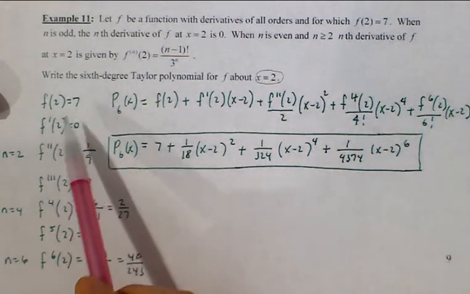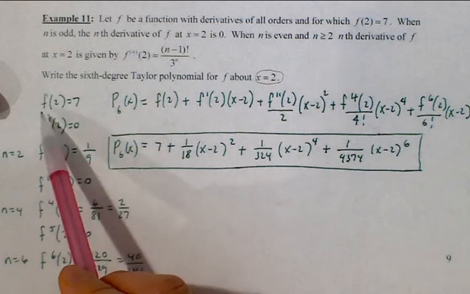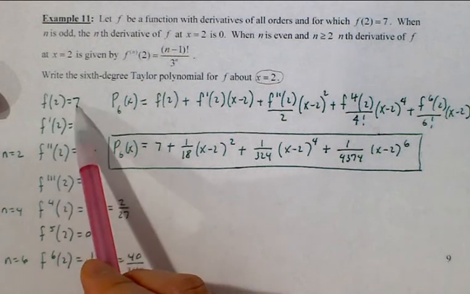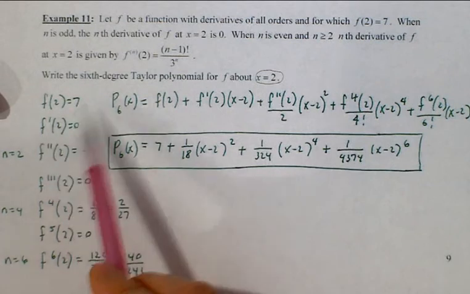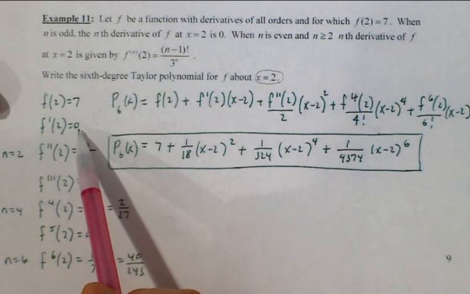Okay, so I'm going to now write out each of the terms. It says that f of 2 is equal to 7. And then it says that f prime of 2 is equal to 0 when n is odd.